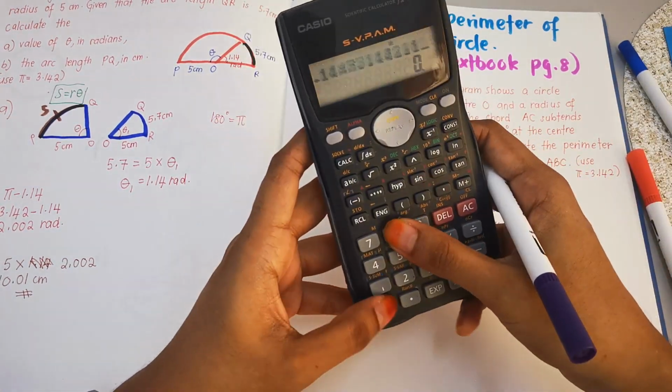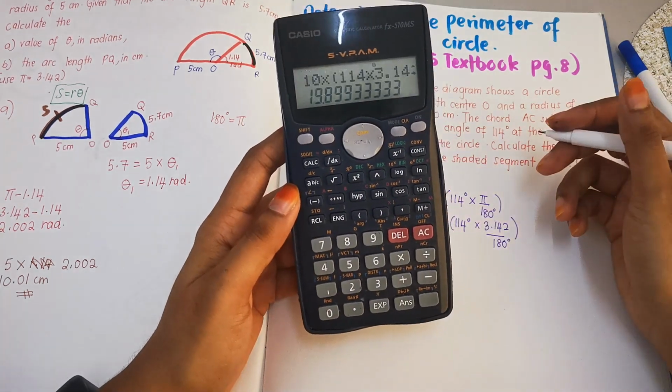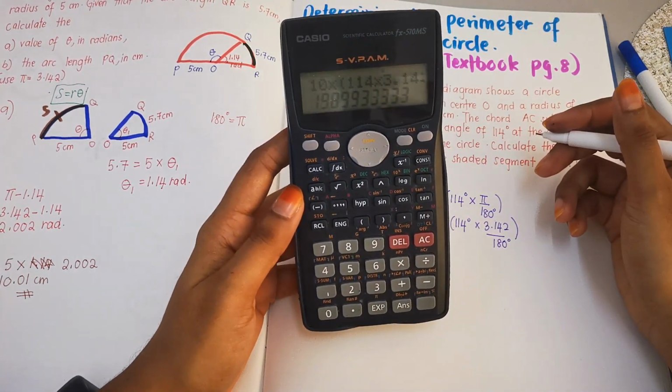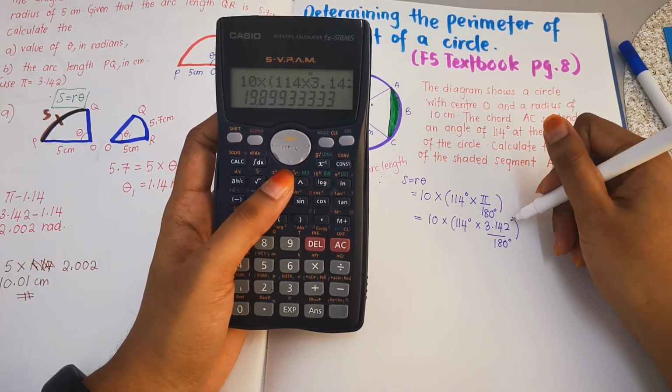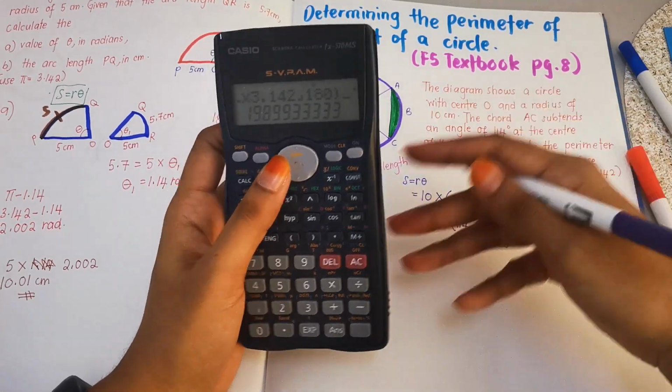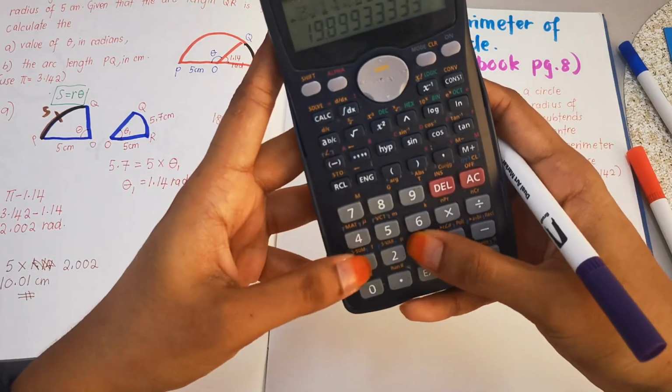So we get 19.980. Hold on, this one is 3.142 divided by 180.